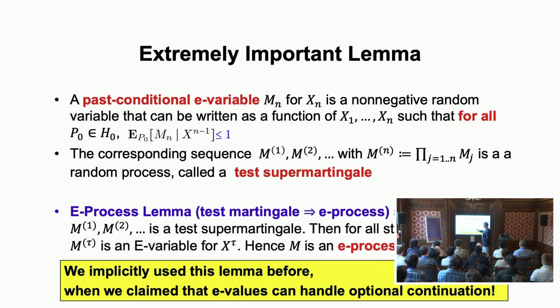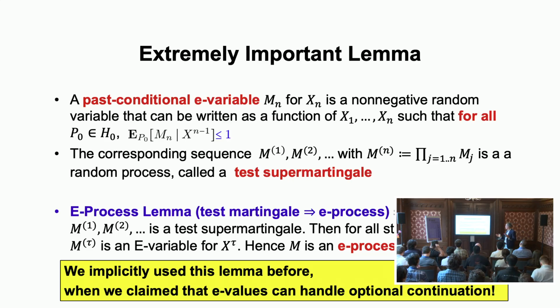Then 6 years ago, they found that the notion of e-process is substantially more general. There are objects which are random processes, sequences of things, where you can stop at any time you like and they have expectation bounded by 1, but you cannot easily write them as a product of things with expectation bounded by 1.